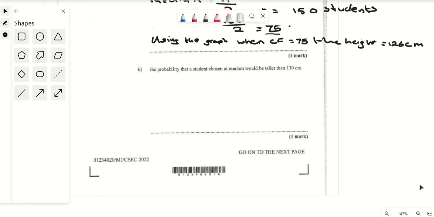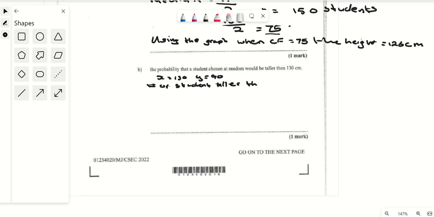So we know that 90 students, so x is equal to 130, y would be equal to 90. So the number of students taller, they didn't ask you at 130, they said taller than 130.